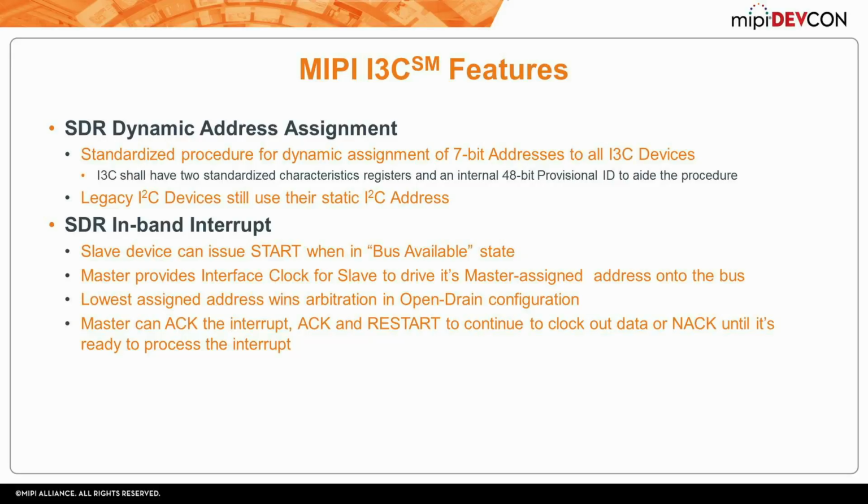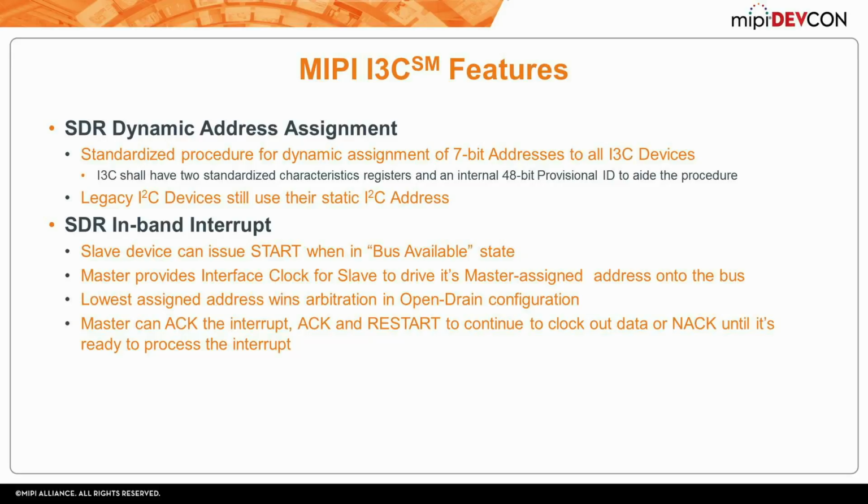It allows the master to determine that you are the gyroscope. Well, the provisional ID as well as the 2 characteristics registers allows the master to know your gyroscope versus an accelerometer. You support an HDR mode or you don't, things like that. So in this case, legacy I2C devices, they just still use their static address.